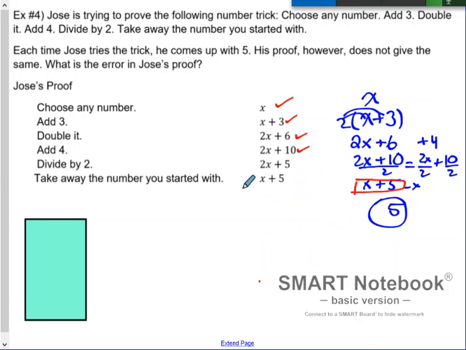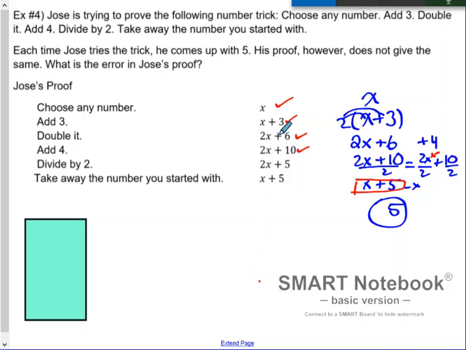So what Jose did is when he divided by 2, he divided that last term, 10, by 2, but forgot to divide this 2x by 2 as well. So then he had 2 x's left over here. And then when he took away 1x, the number that he started with, he was still left with 1x here, plus 5.